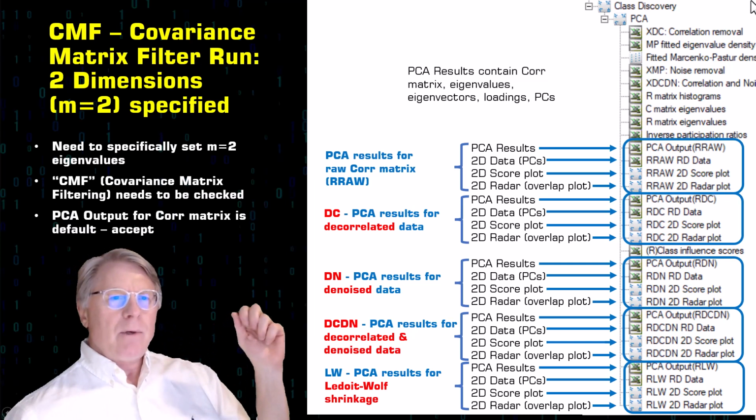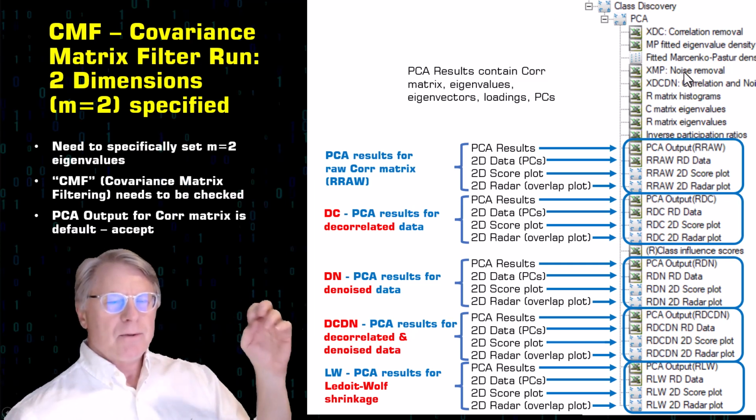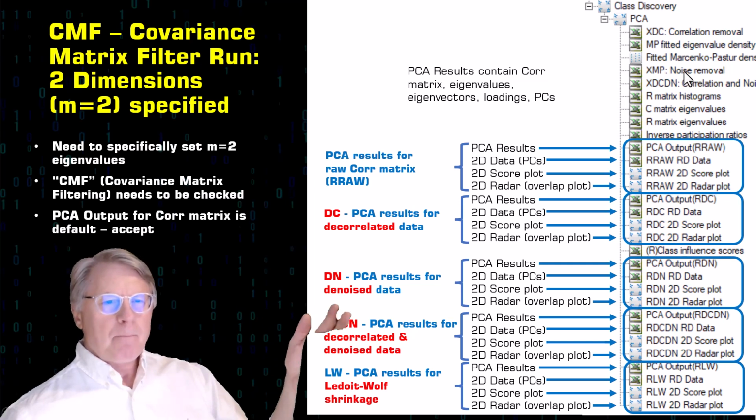And then the regressions that are used are in these spreadsheets. So you'll see all of the residuals, and you'll see the regressions, and you'll see the noise eigenvalues as well.